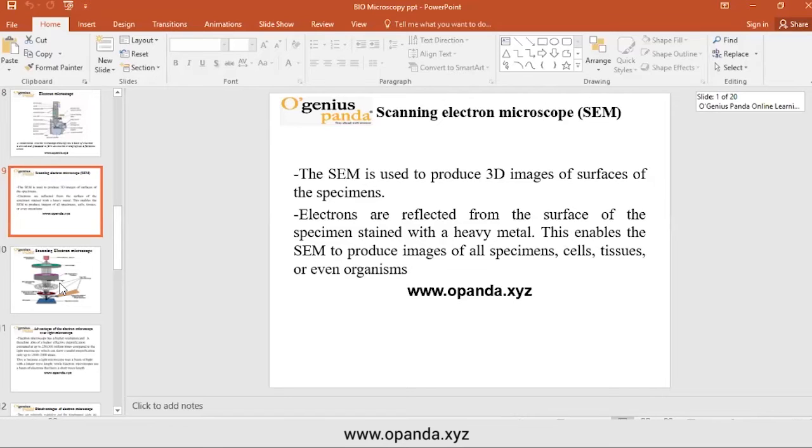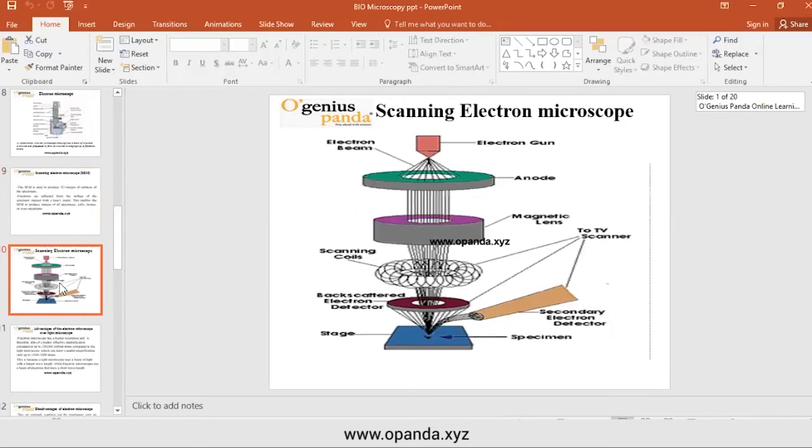Here we have also the image of a scanning electron microscope, which is here. I hope that with advancements in science, we are going to get them.